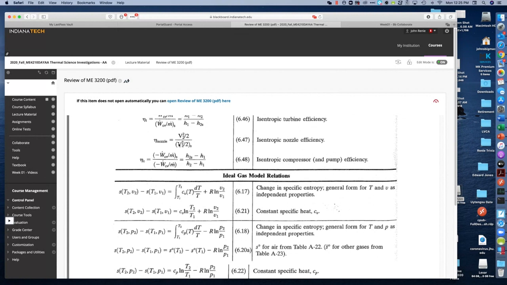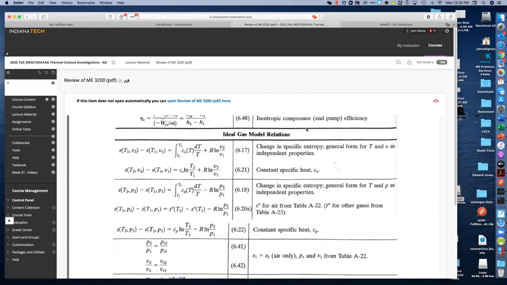And so a nozzle, whose purpose is to create kinetic energy, if that creation process is done in an isentropic fashion, the maximum kinetic energy would be obtained. But in reality, because of irreversibilities such as friction and other things, we would not generate as much kinetic energy. So the nozzle would have an efficiency.